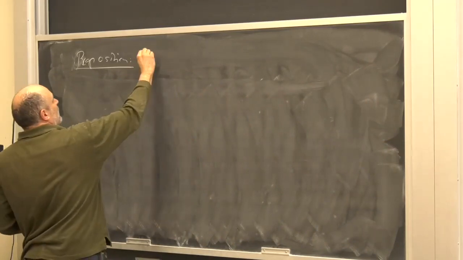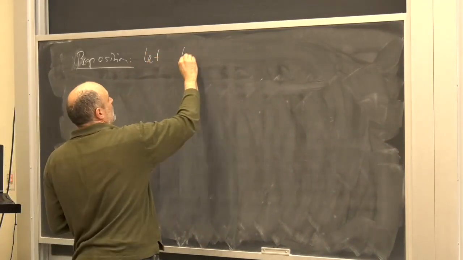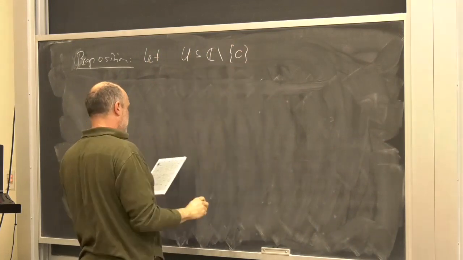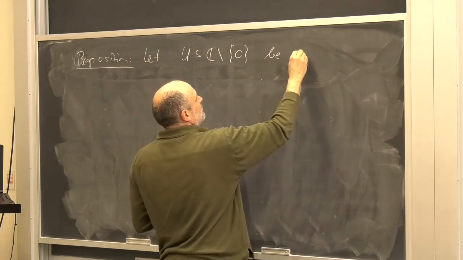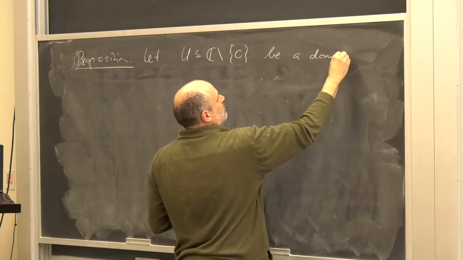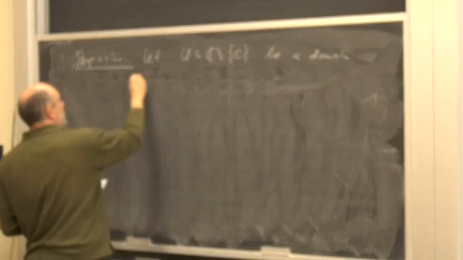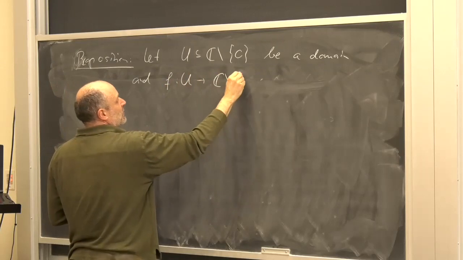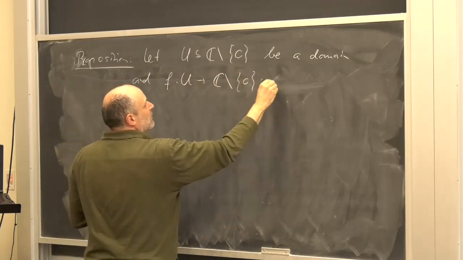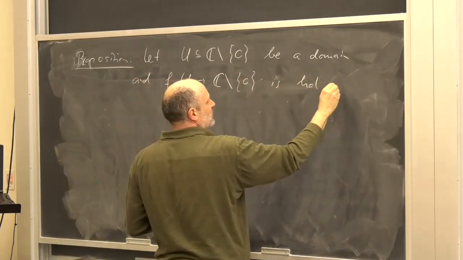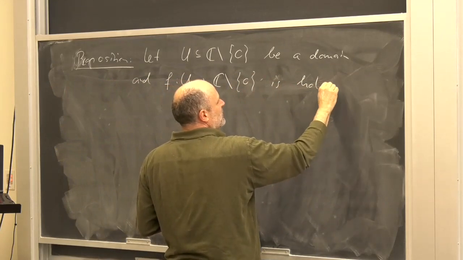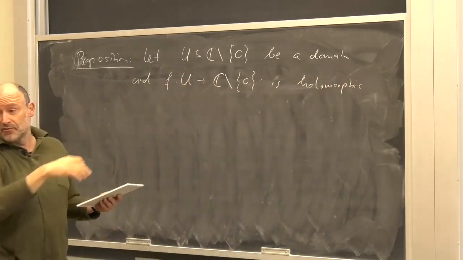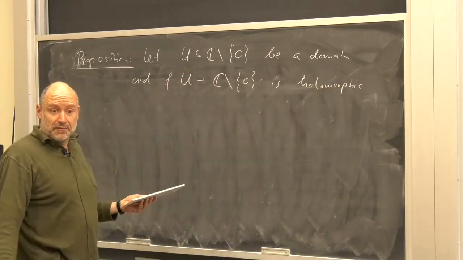So again, assume U doesn't contain 0, is a domain, and f on U is never 0 and holomorphic. Same setup as before, for now we're trying to see under what condition we get a holomorphic extension from L to L and where.